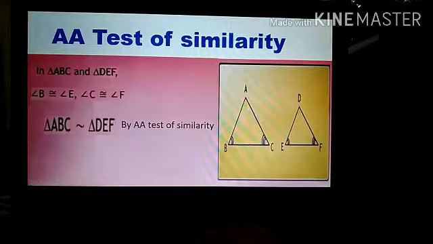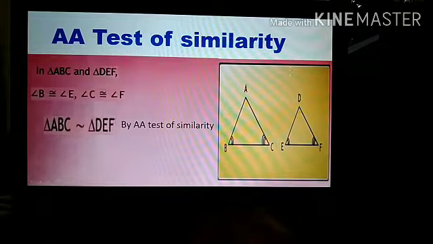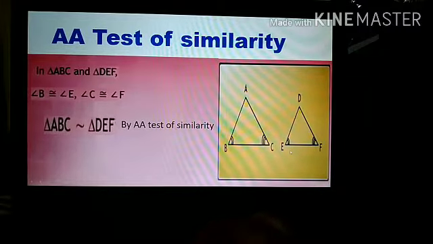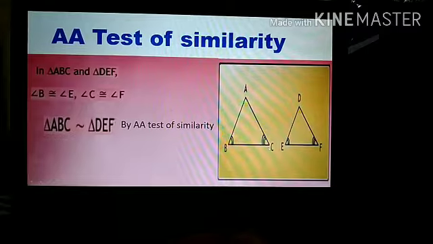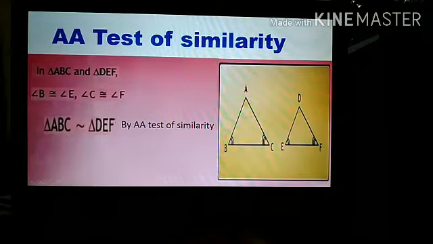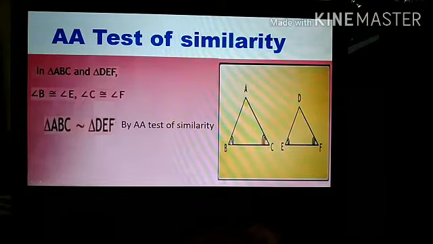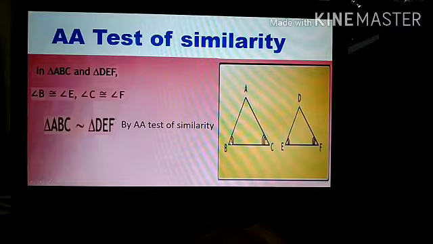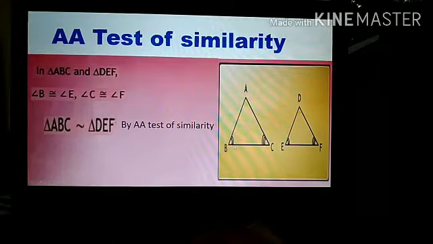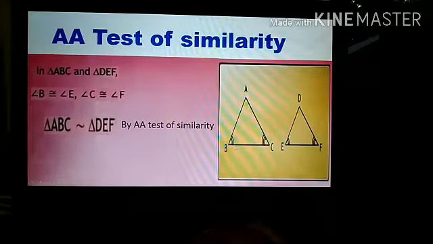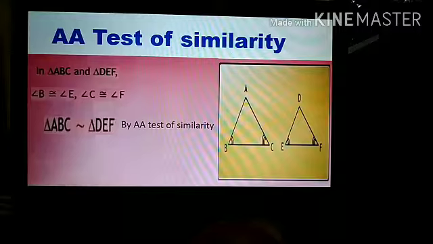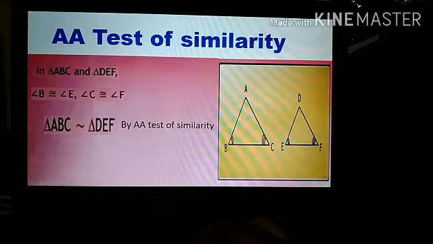So on the screen you can see triangle ABC and triangle DEF, where angle B is congruent to angle E and angle C is congruent to angle F. As you can see, two angles of triangle ABC are congruent to the corresponding two angles of triangle DEF.